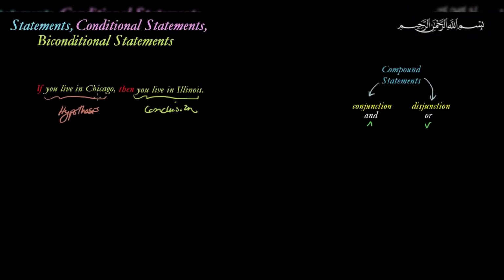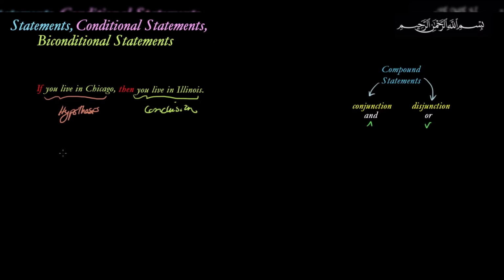Now, a conditional statement like this is a type of compound statement, isn't it? Unlike a conjunction, where you're using the word and, or a disjunction, where you're using the word or, here you are using two separate words, if and then. So a conditional statement is also a combination of two other statements, the first part being a hypothesis and the second part being the conclusion.